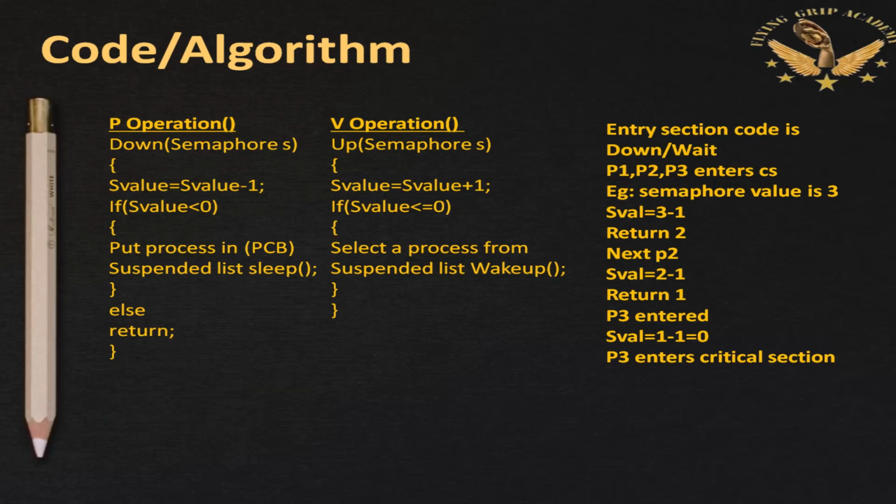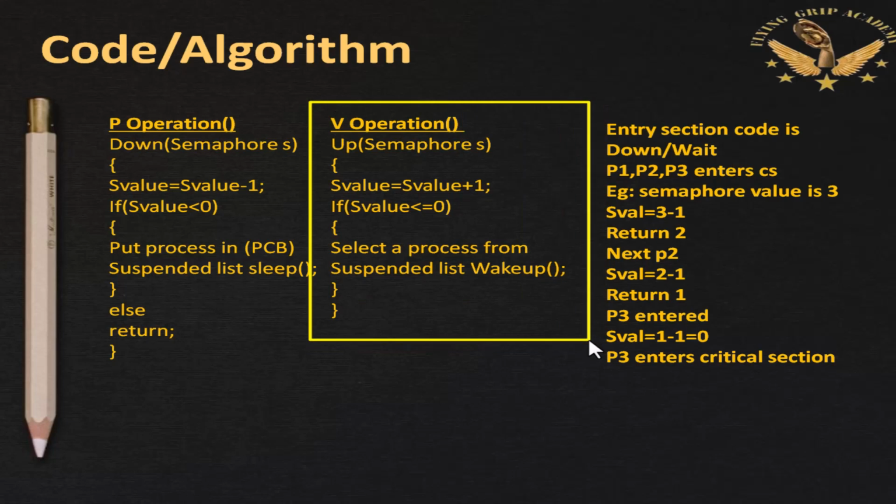Now in a similar manner, if P1 has completed its operation, it needs to wake up. P1 had decremented earlier; now P1 has completed its operation. What does it have to do? It has to increment the value by 1, because we need to do the up operation so that the next process comes into the critical section.